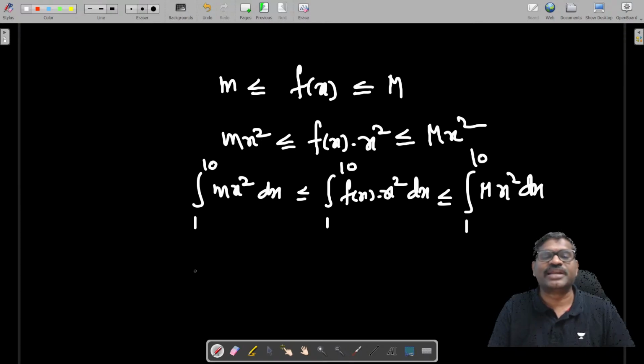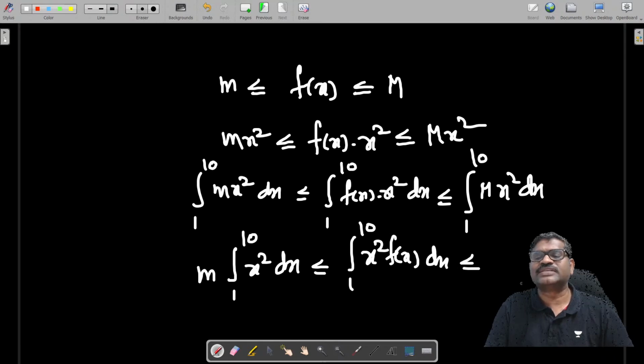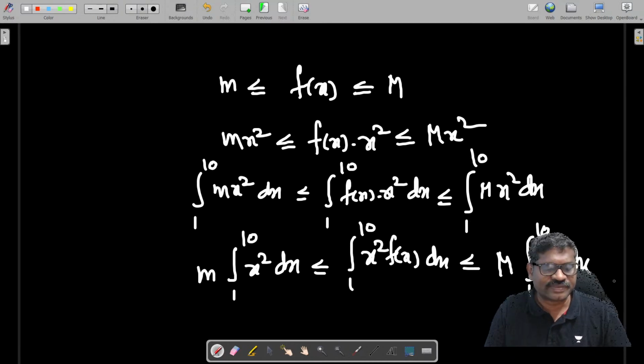This can be written as m into integral 1 to 10 x square dx less than or equal to integral 1 to 10 x square into f of x dx less than or equal to capital M into integral 1 to 10 x square dx.